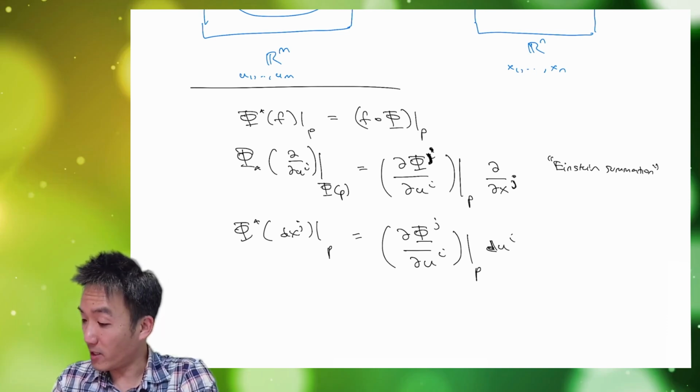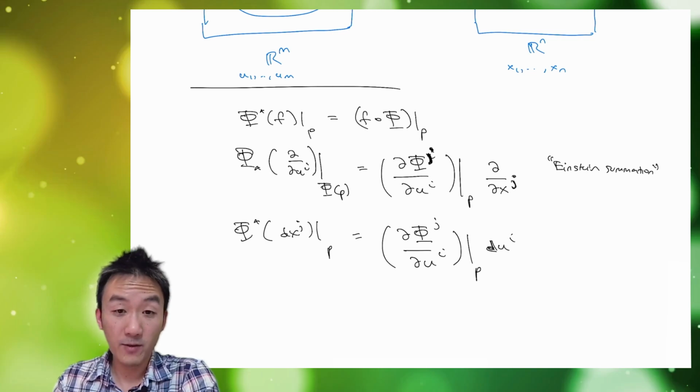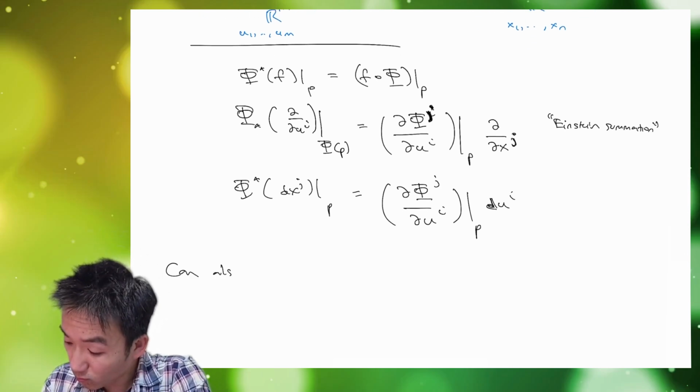Let me finish by also saying that I've talked about push forward of tangent vectors and pullback of cotangent vectors, but you can also pull back tangent vectors and push forward cotangent vectors if phi is what's called a diffeomorphism, if it's one-to-one. Let me just write that.